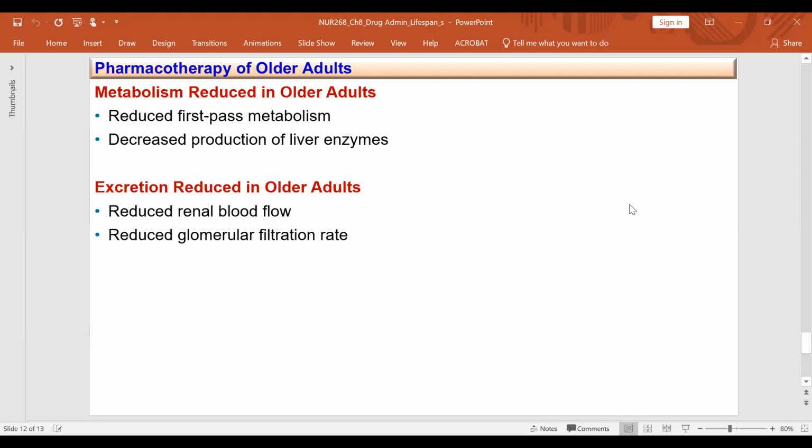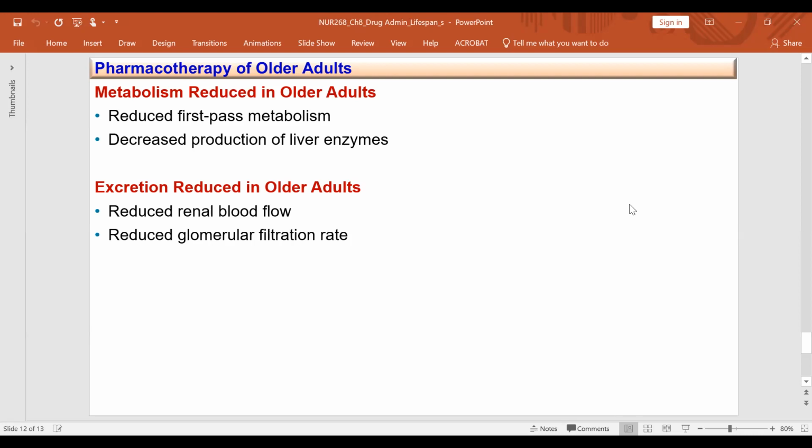So there is something called the Beers criteria, BEERS criteria, which includes a list of drugs or medications of special concern for older adults.